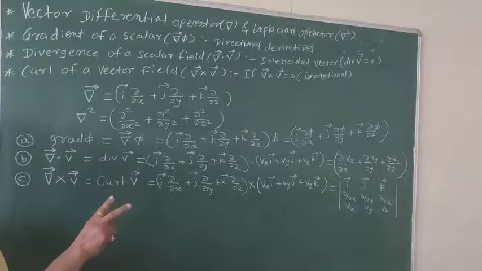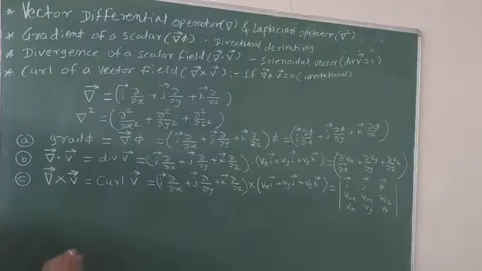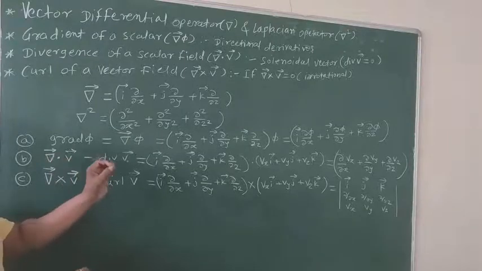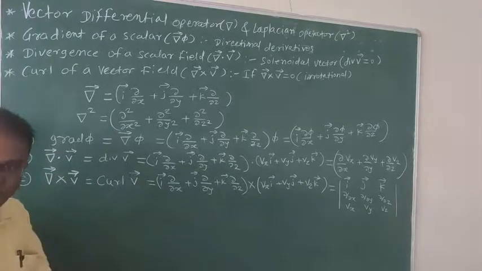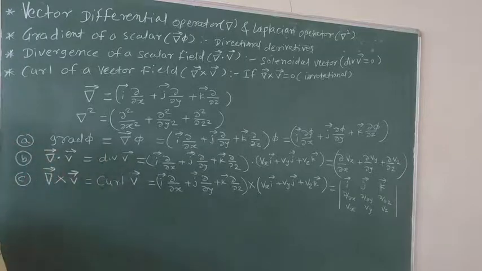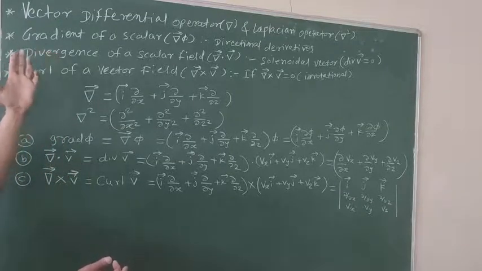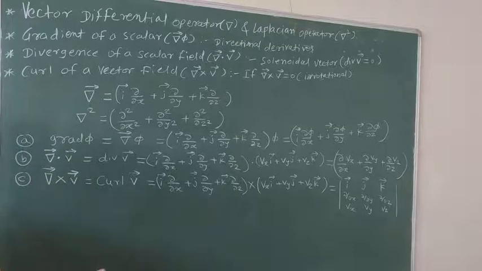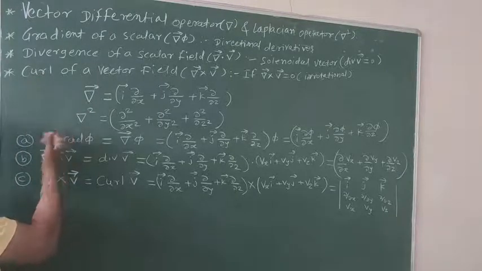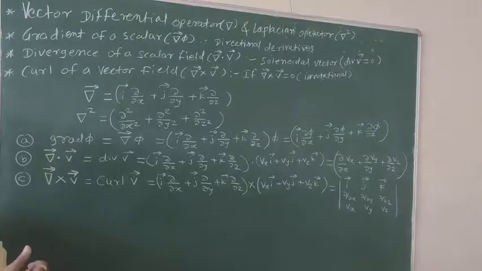Opposite to this, the vector field for which del cross V has some value is called a rotational vector field. Another point may be asked: state the del operator, the nabla operator, state the Laplacian operator for 2 marks or 1 mark.